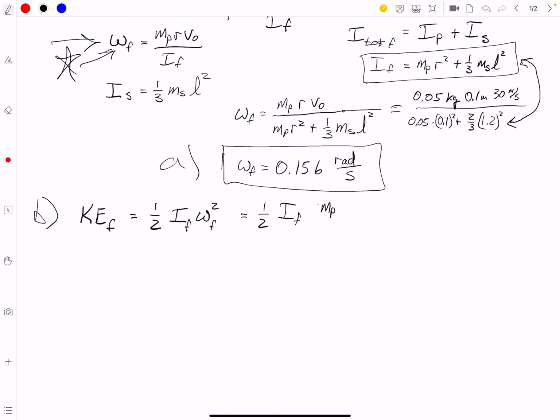So m_p r v_0 squared divided by I final squared. Well, one of these cancels that one, and we're left with 1/2 m_p r v_0 squared over I final.